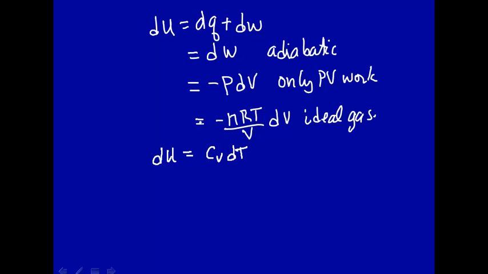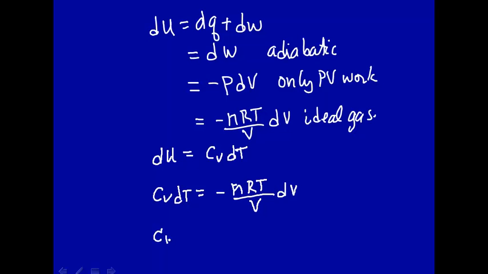All right, so let's equate these two expressions for dU. So we'll have CV dT is minus nRT over V dV. Now, let's integrate this. This is a temperature, so we'll bring that over there.